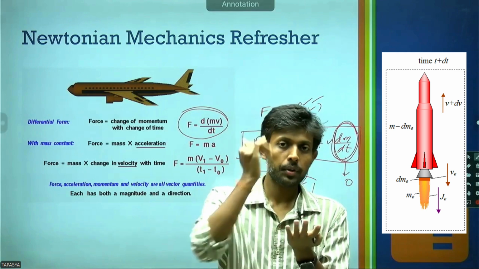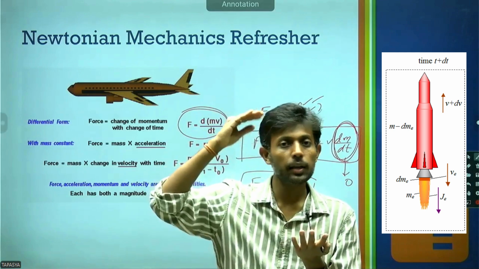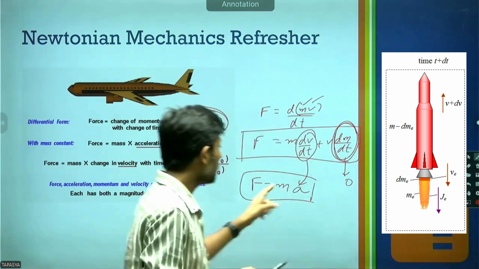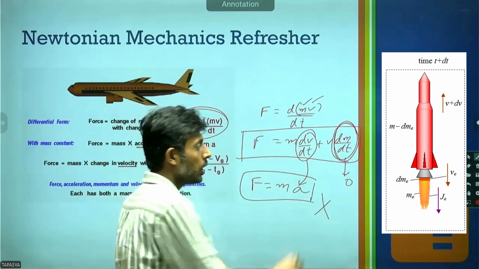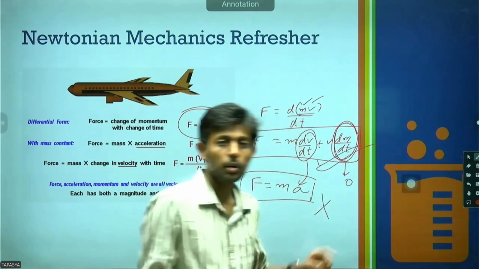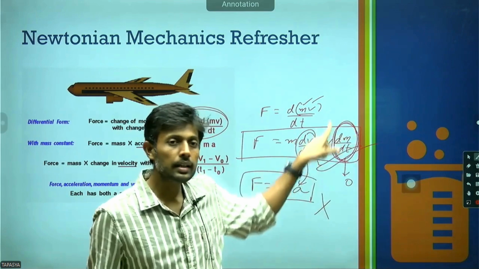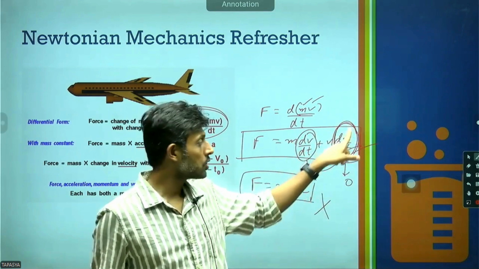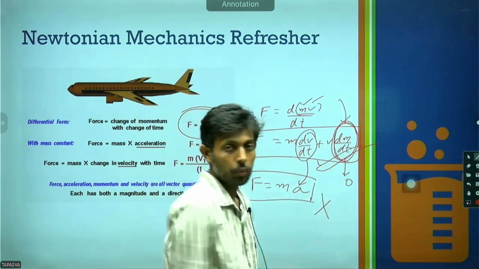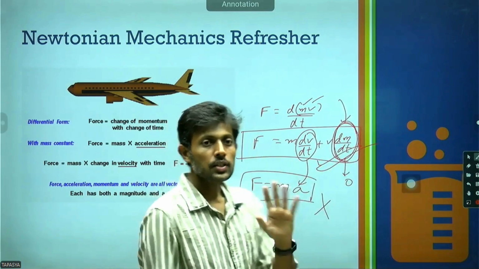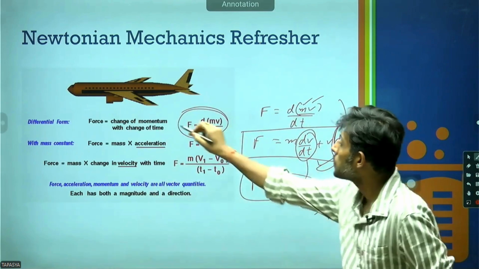Fuel gets burnt up. So the overall mass of the rocket keeps on decreasing. So then this formula will not work. You would have to go with this formula because there is a decrease in mass. There is actually, this has some value now. Okay. So in such cases, we're going to need this formula.